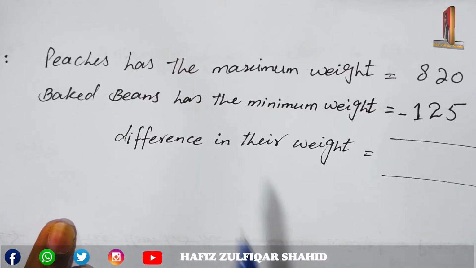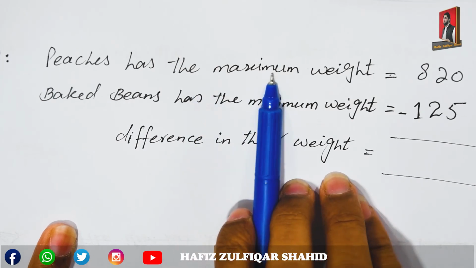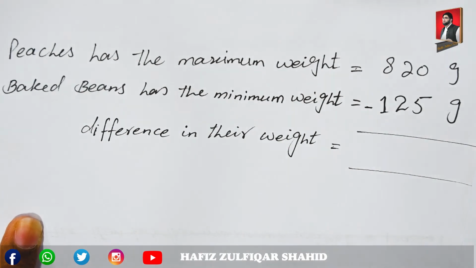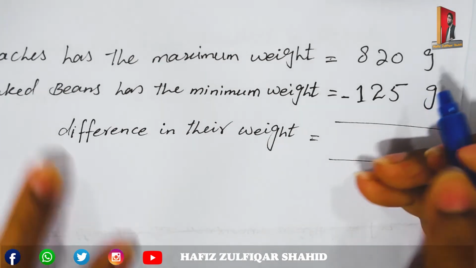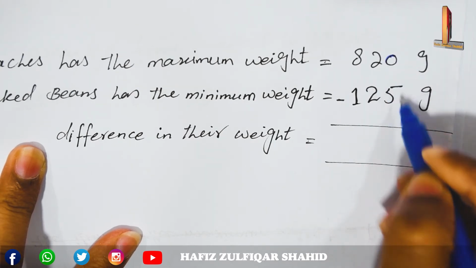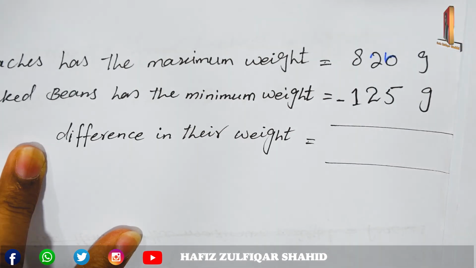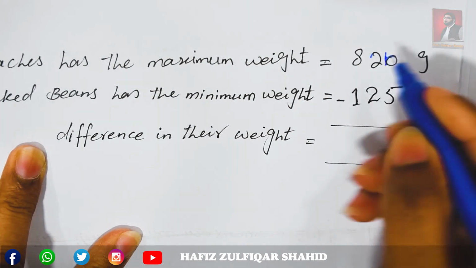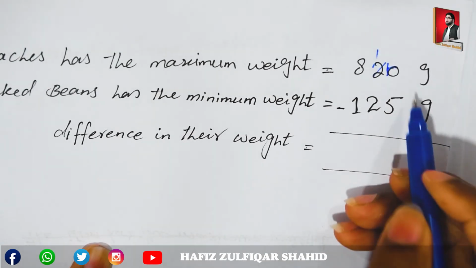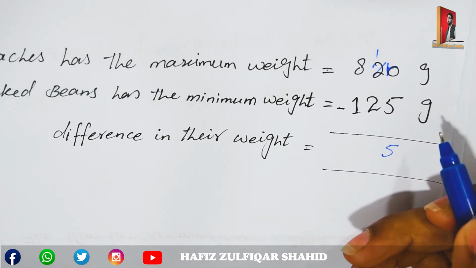See, write the information. Peaches has the maximum weight 820 gram. Baked beans has the minimum weight of 125 gram. Let's subtract these two. To subtract 5 from 0, first increase its value by taking borrow from the next number. Now subtract 5 from 10 is 5.